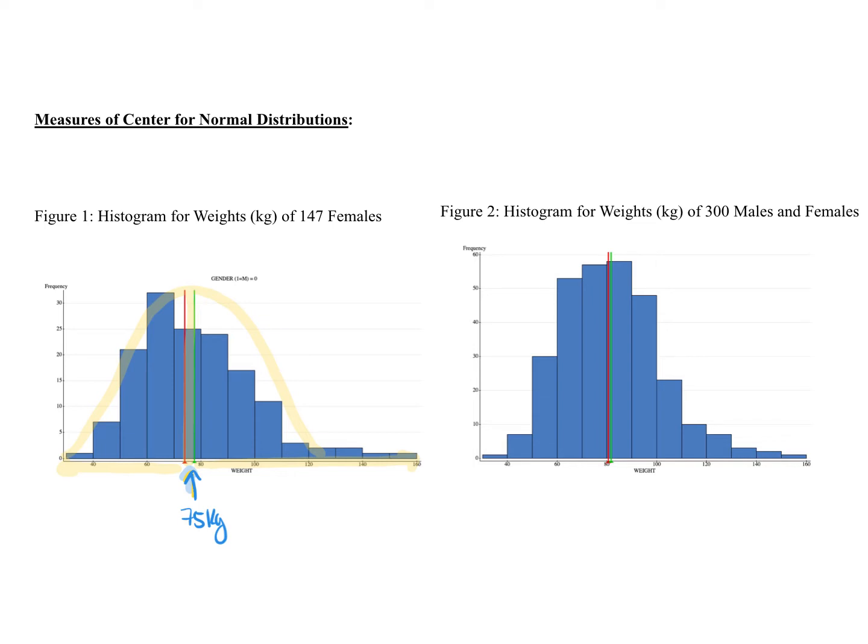Okay, so what does it mean when we say that our distribution has this bell-shaped curve? Bell-shaped curve distributions have a specific name. We call them a normal distribution. So a normal distribution is a probability distribution that is symmetrical around the mean.